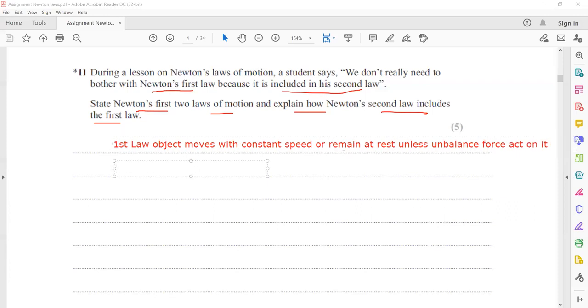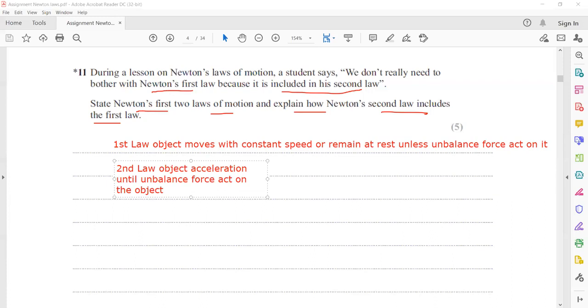What about the second law? Newton's second law states the object accelerates when an unbalanced force acts on the object.